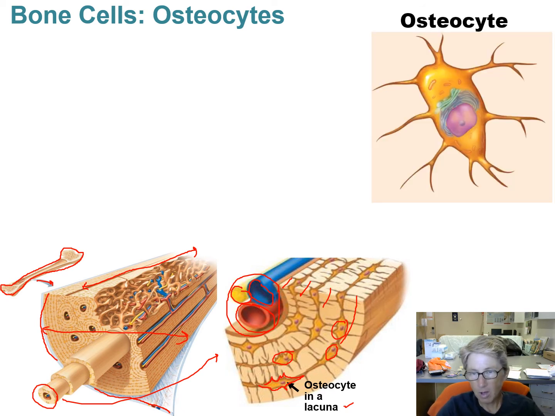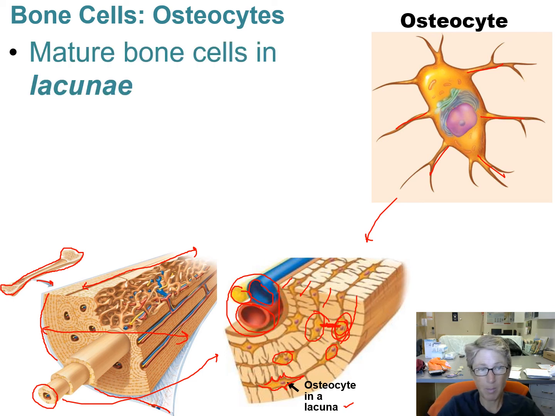And you can see that these osteocytes have projections of the plasma membrane. What they can do with those projections of their cell membrane is, if you come down here to this cartoon, you can see that this osteocyte can communicate with this osteocyte through their little projections.